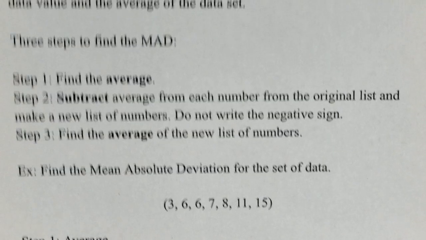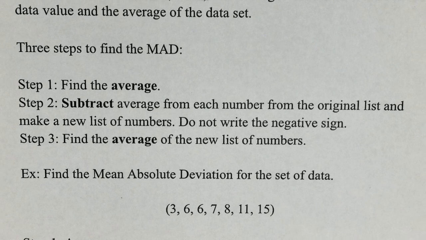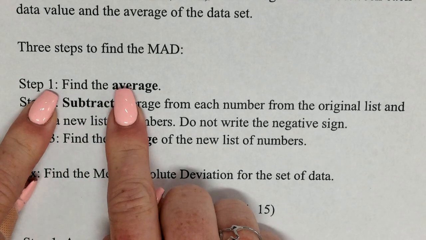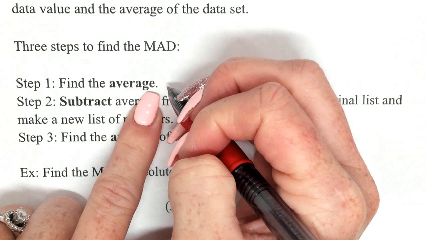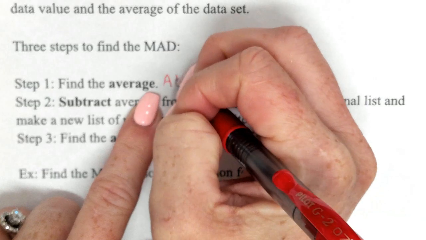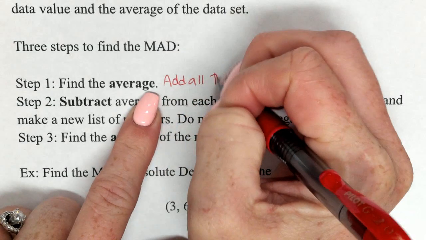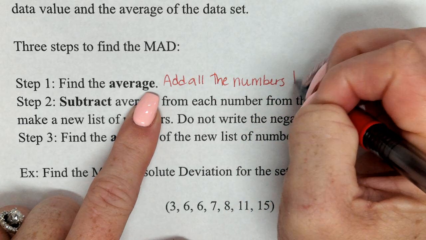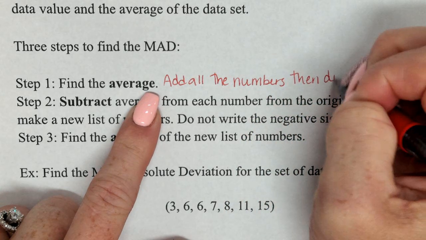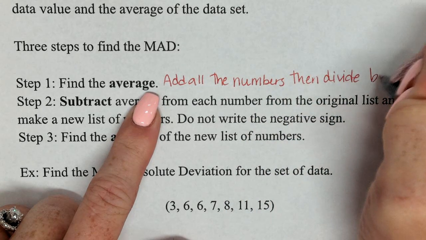Okay, you're going to have to follow these 3 steps. Step 1, what does it say? That's what you learned in 6th grade. Find the average. To find the average, write this down. You add all the numbers. Then divide by how many are there.